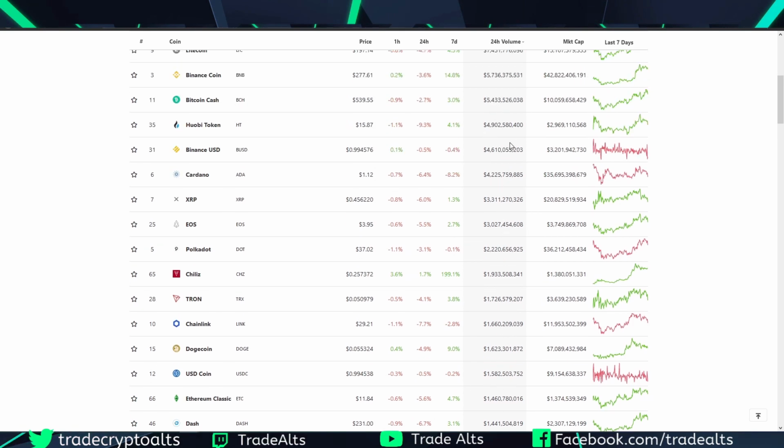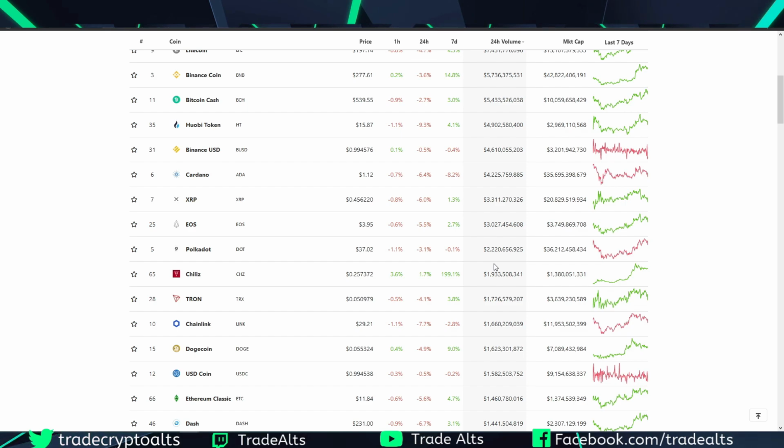And your trading volume, again, this is important because you want to be trading things that are actively moving in the market every day. This doesn't necessarily speak to volatility though. Just because something has really high trading volume, it just means that there's a lot of dollars being transacted.